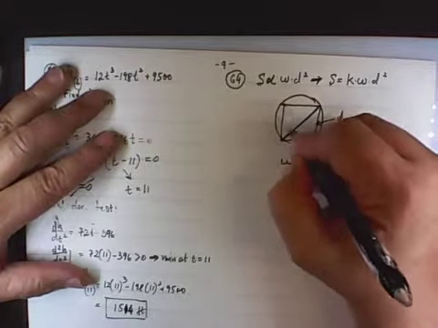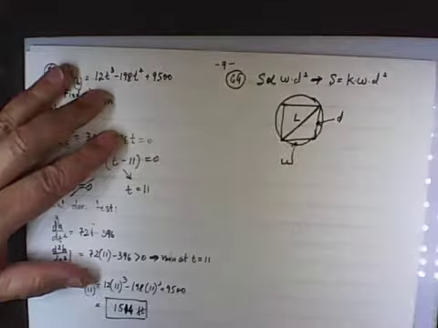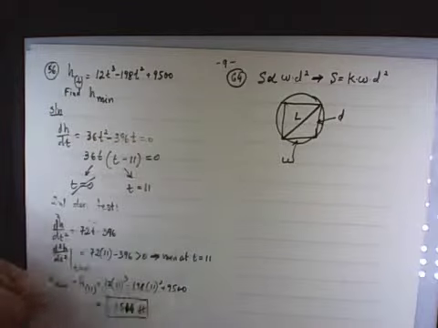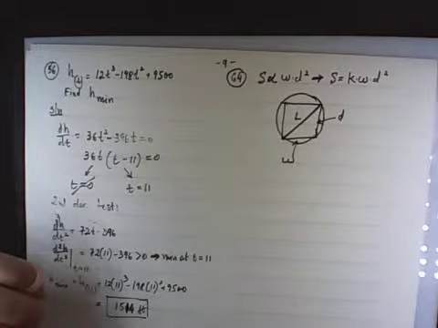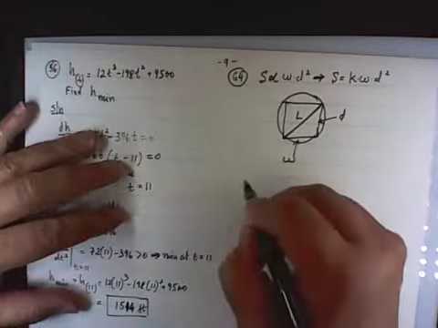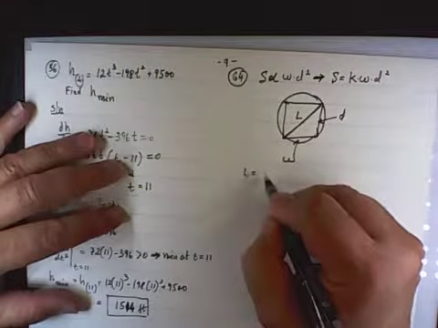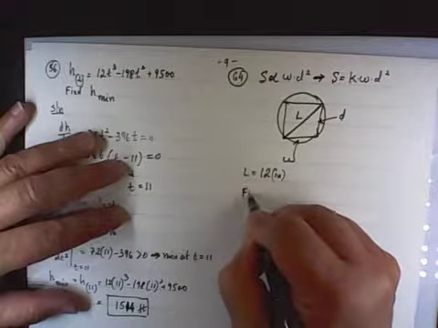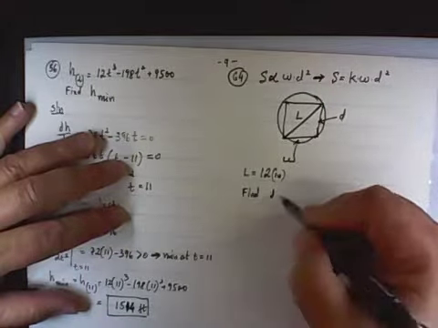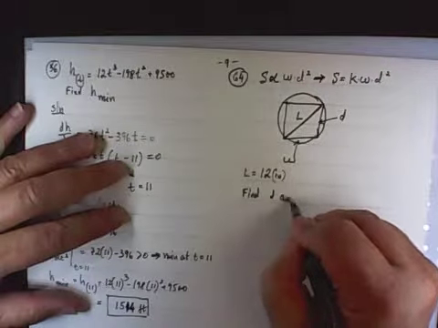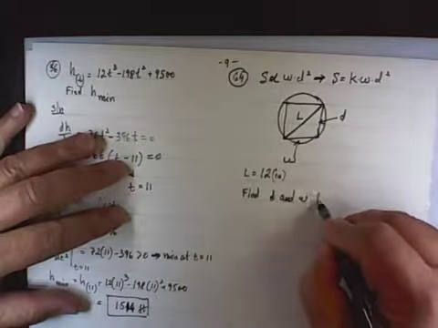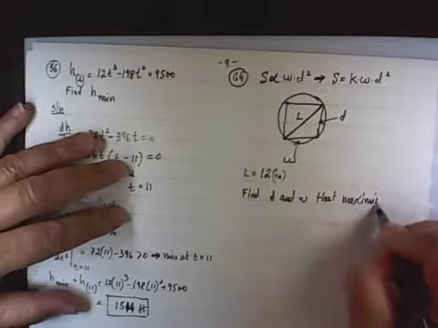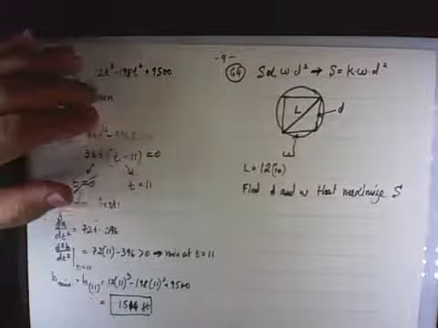We call it L. So L equals 12 inches. Find D and W that maximize S.